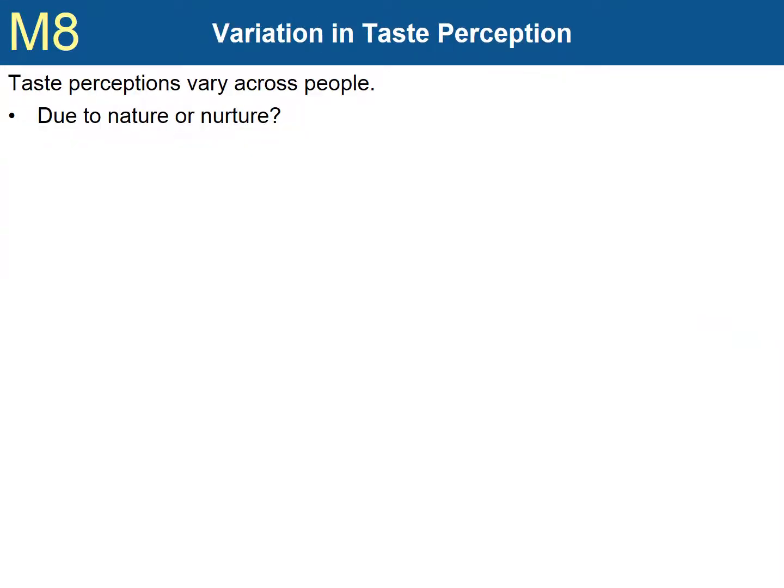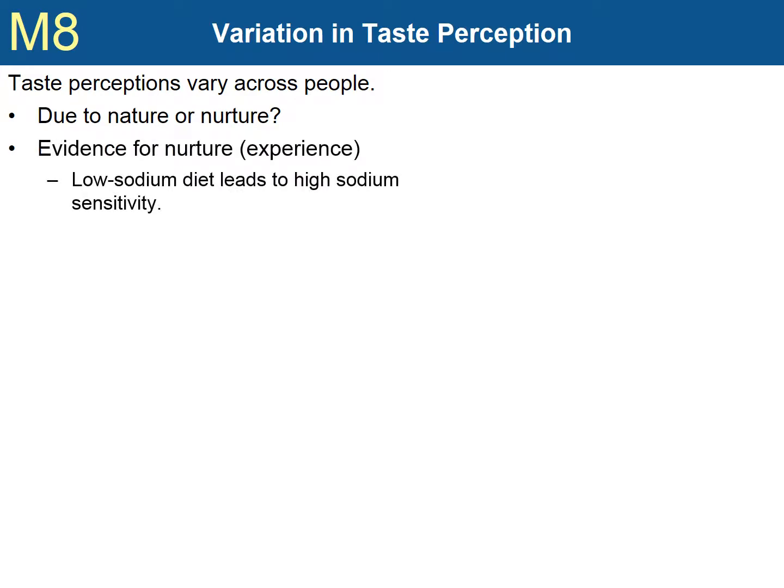Taste perceptions vary dramatically across individuals, but are these differences due to nature or nurture? Is it really fair to tell someone, "Just eat your vegetables, they aren't that bad"? There is some evidence that our preferences for taste are due to nurture, that is, experience.